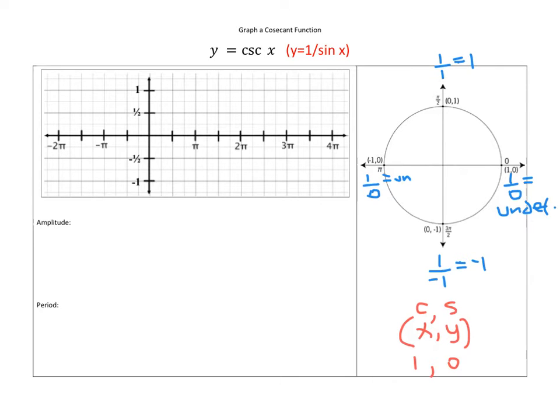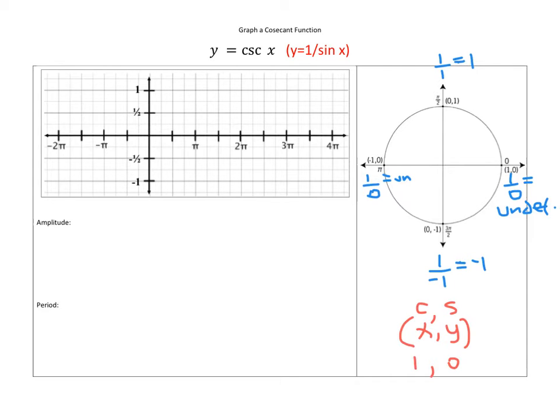So I can go around my unit circle, just focusing on the quadrantal angles. For 0 degrees, which is the same as 360 degrees, the sine is 0. So I do the reciprocal of that, 1 over 0, which is undefined.